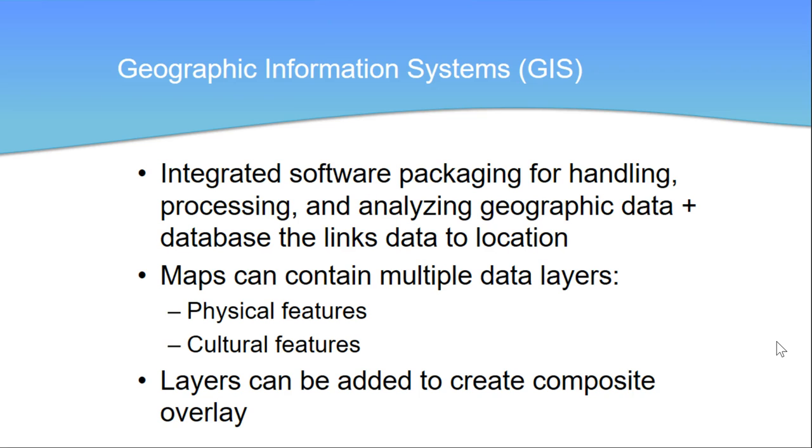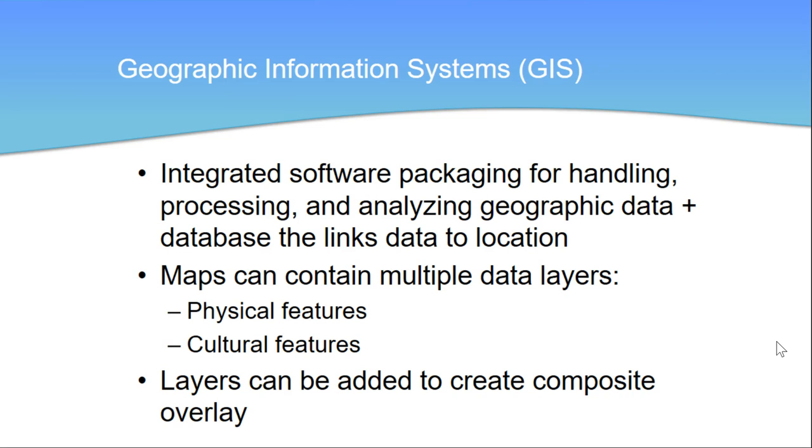Okay, so let's talk about GIS, which is different than GPS. GPS is Global Positioning System. It's all about mathematical locations. Geographic Information Systems is the handling, processing, and analyzing of geographic data. It's done with computers, right?